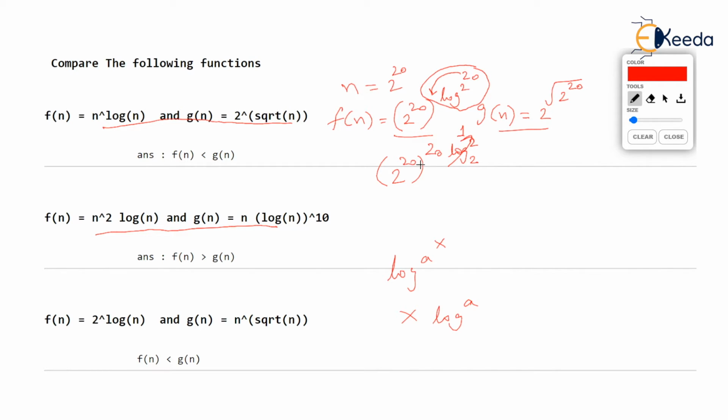So this fn becomes 2 raised to 20 raised to 20. Agreed? Okay. And what does gn become? Let's write gn again. Gn was 2 raised to square root of 2 raised to 20, isn't it? This is what was gn, and I actually found it by using calculator.